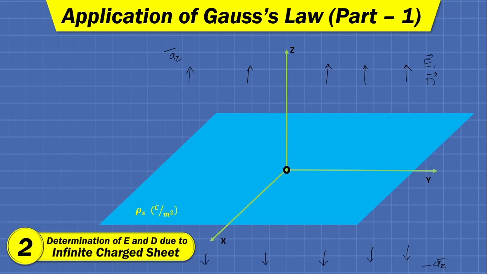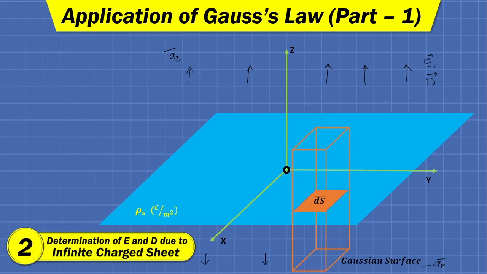Okay, so first we have determined the direction of flux density, then we need to determine an appropriate Gaussian surface. If we want to keep the direction of D bar either normal or perpendicular to the Gaussian surface, then we must have a parallelepiped which covers a small span on this surface. Fine, so we are assuming a parallelepiped, and it has a small differential area dS bar.